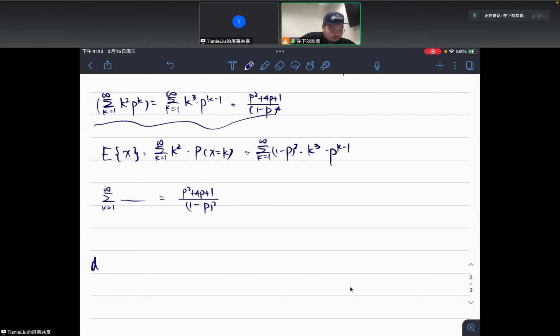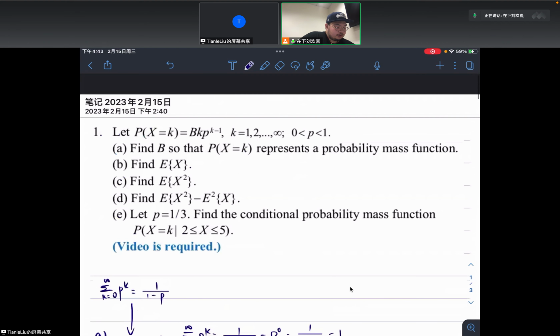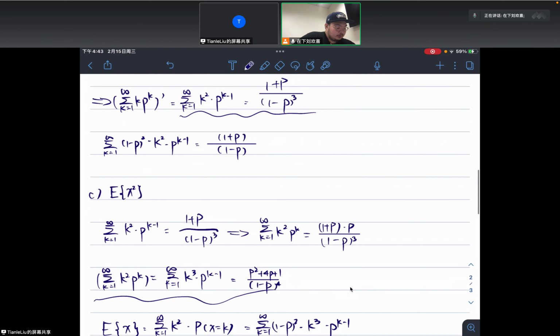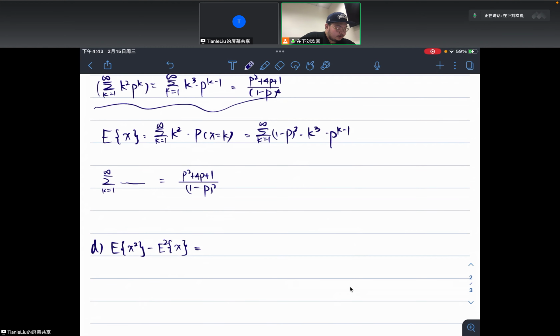So this is solved for this one. And the next one, actually, is kind of simple. We only need to turn it into this one. We have (1 plus p squared plus 4p plus 1) minus E of X squared, which is (1 minus p squared) over (1 plus p squared).